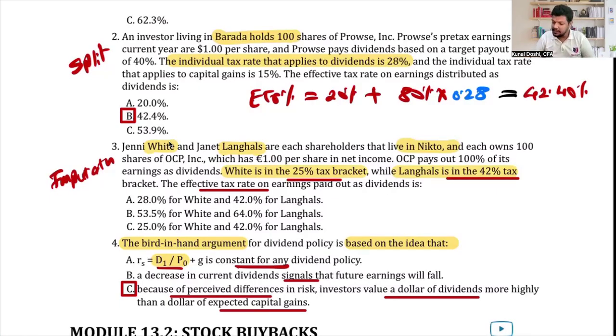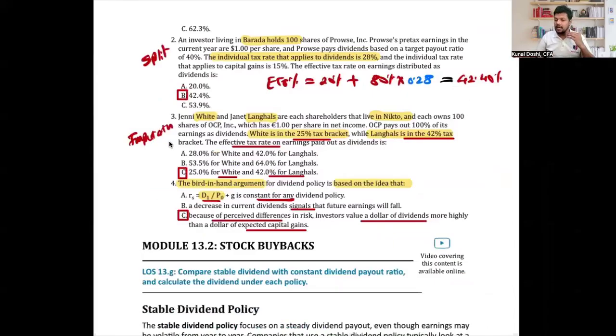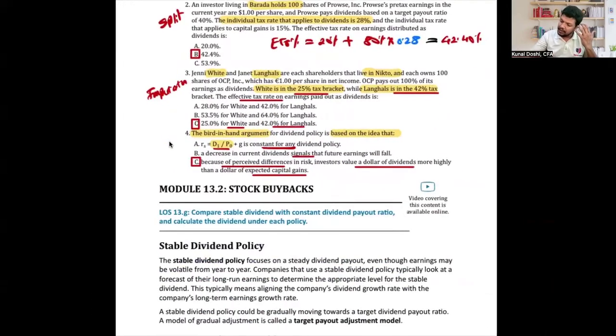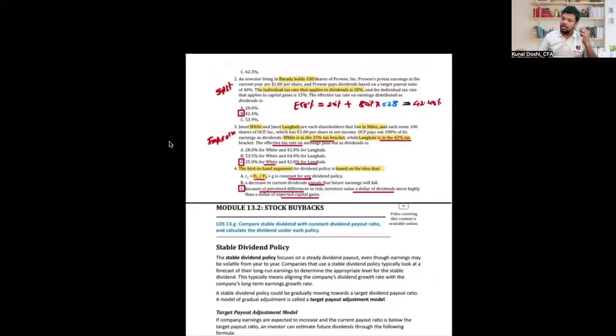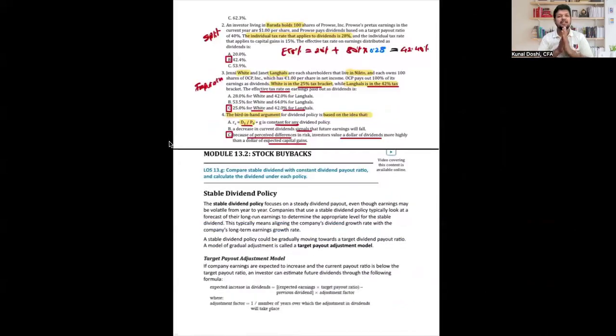Can you please answer A, B, C? No need for calculation here. Very easy. What should I answer? Well, it will be the same as the individual tax rate. It has to be C, 25% for White and 42% for Langels. Understood, everyone? Clear on the tax systems? Got it, everyone?